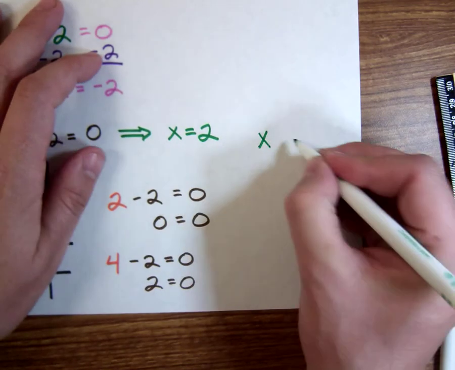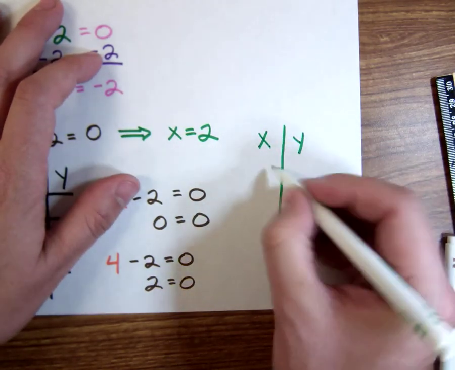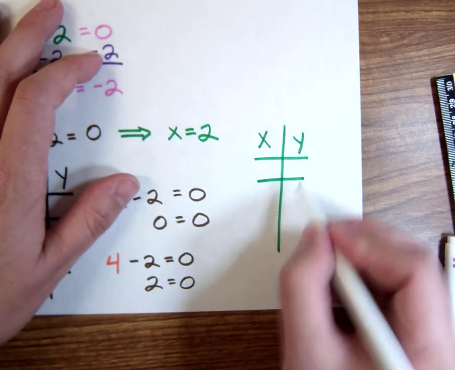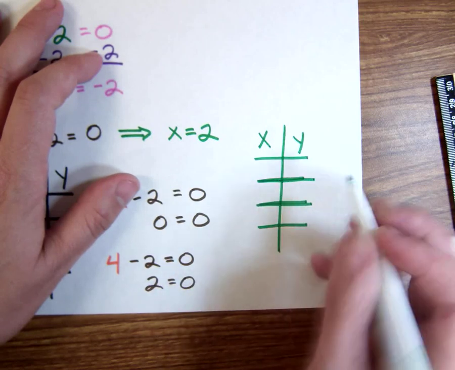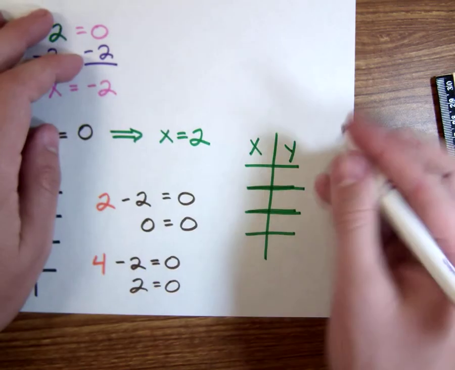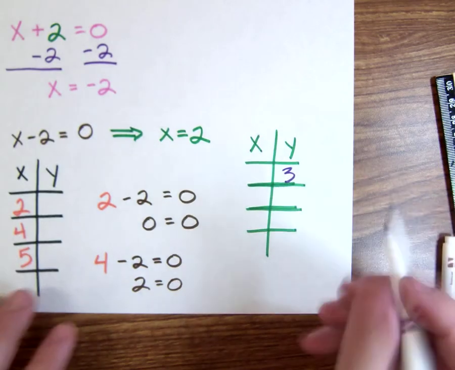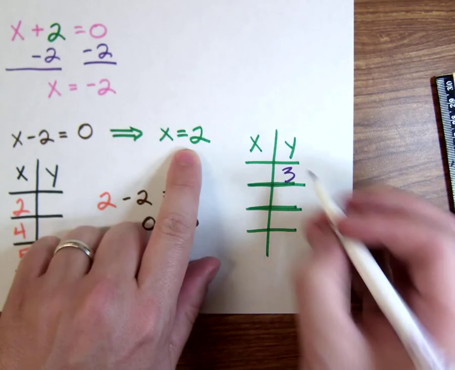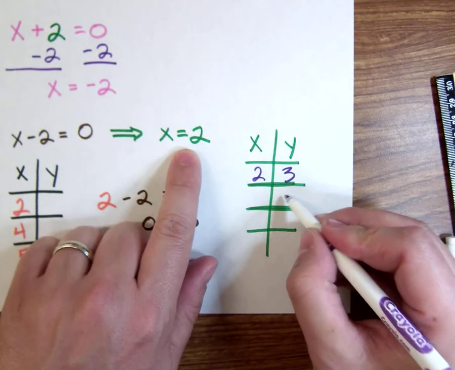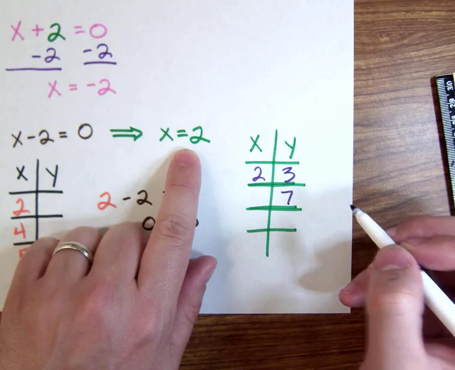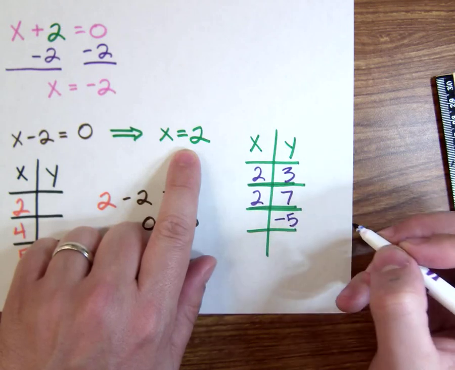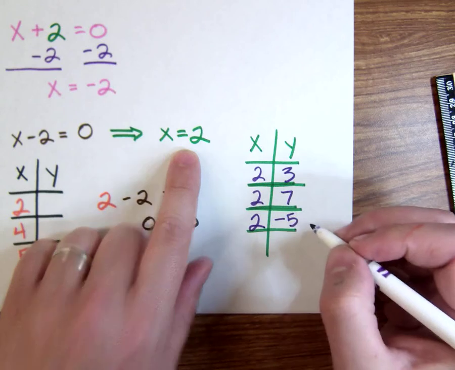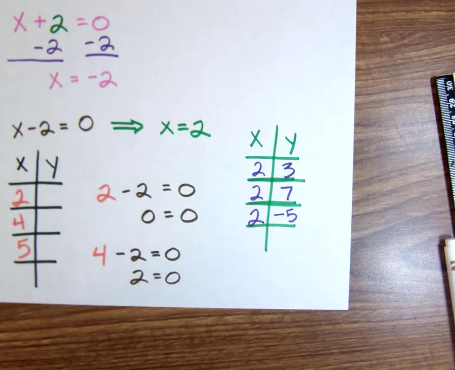So if I were to make my t-chart, and I said, make up a number for y, and you said 3, what would x be? X is 2. What if y was 7? X is 2. What if y was negative 5? 2. X equals 2 no matter what.